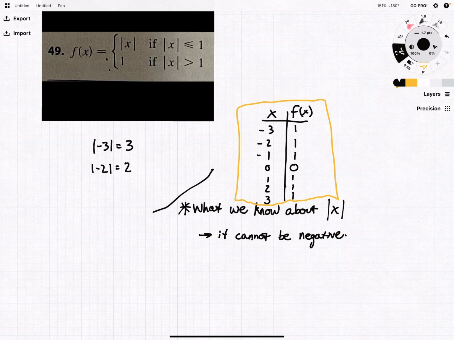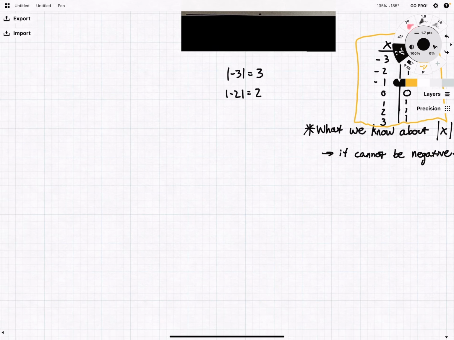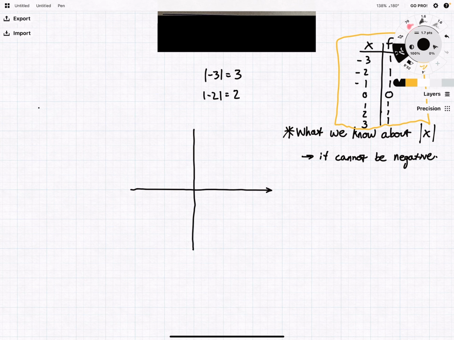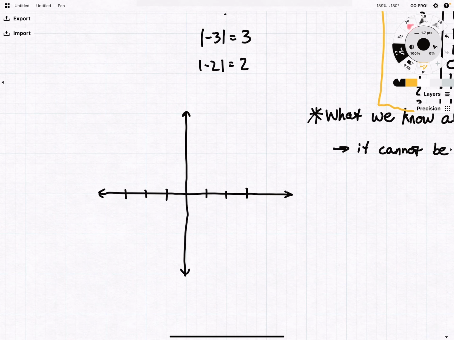But here's something interesting about this graph when we start to plot it. I'll redraw that line. That's a pretty straight line. I'll do these by 2s, just so we have a more defined graph.